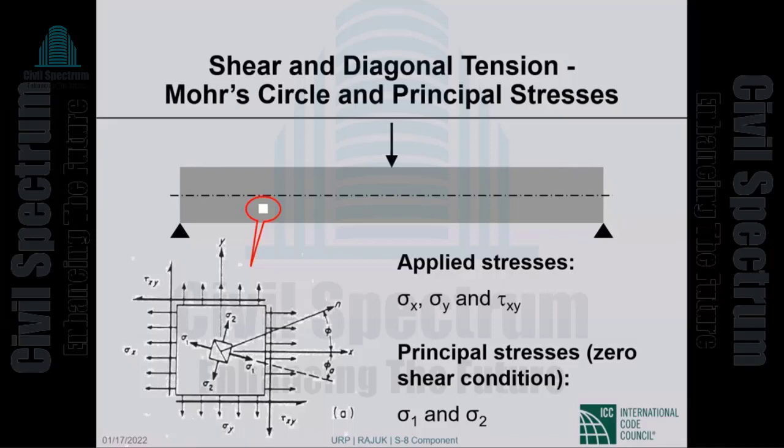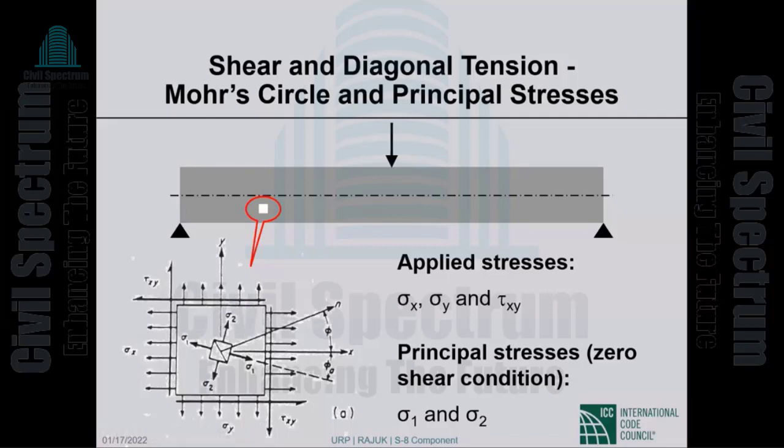So that element will be subject to normal stresses denoted by those arrows, the sigma x. The element is subject to normal stresses in the y direction, that is sigma y. There are shear stresses on the left and right face, that's tau xy, and there are also shear stresses on the upper and the lower face, which are also tau xy.